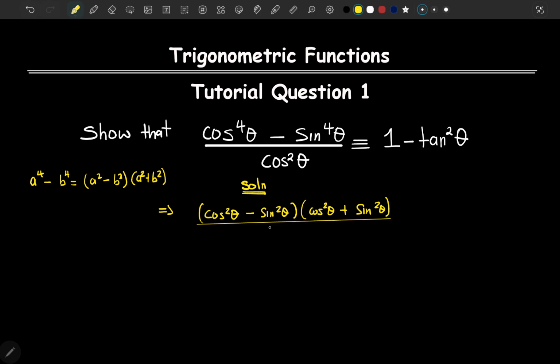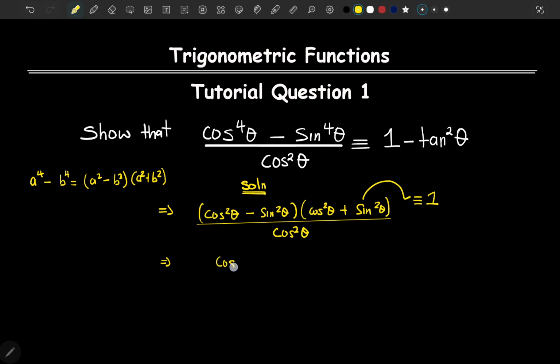over cos squared theta. Then slowly we can again remember this identity is equivalent to 1, meaning the entire part here is just 1. So 1 times this will just remain with what?